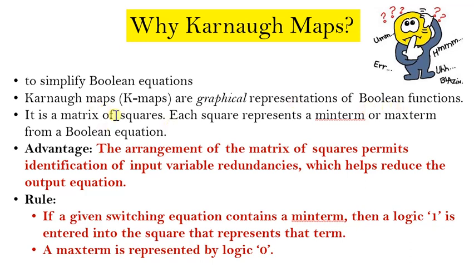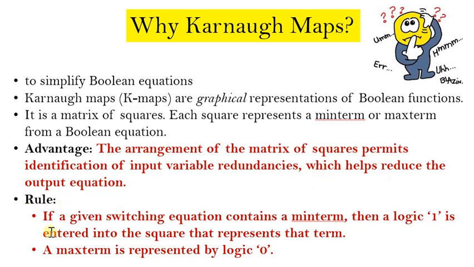So this K-map represents a matrix of squares, and each square represents a minterm or a maxterm from a Boolean equation. The arrangement of the matrix squares permits the identification of the input variable redundancies, which will help us to reduce the output equation.